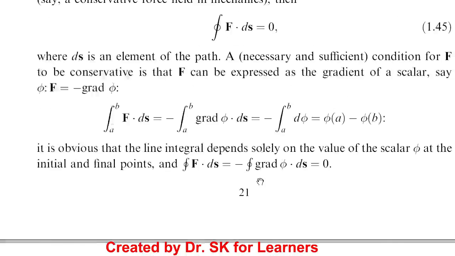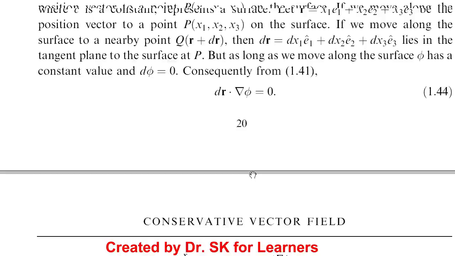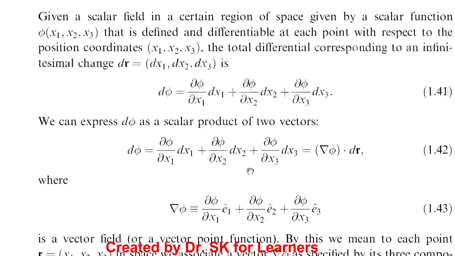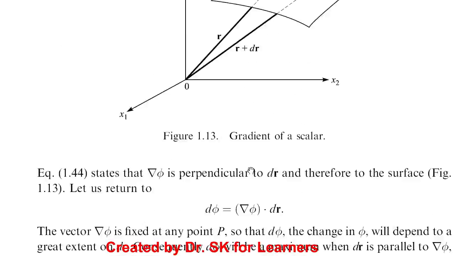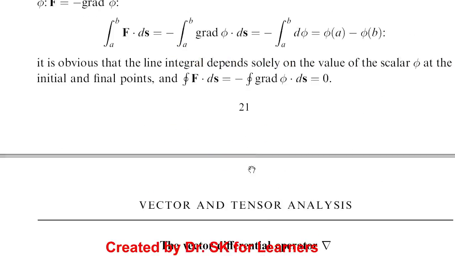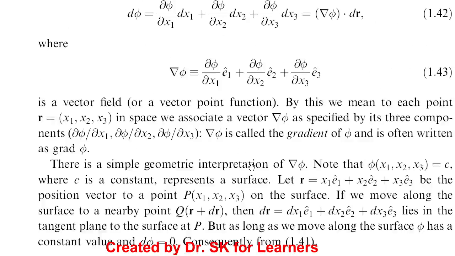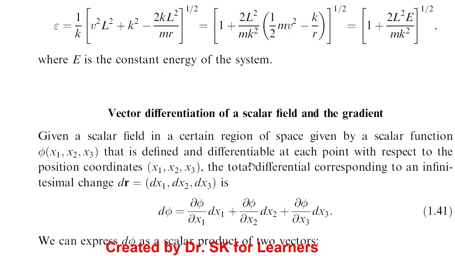So we'll see how it works in... see, this book has just reversed the order of things. You know the del operator at page number 37, but you know what is gradient at page number 35. So that is why people get confused. They don't know what is being done.